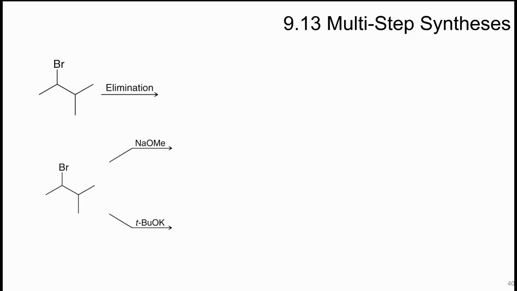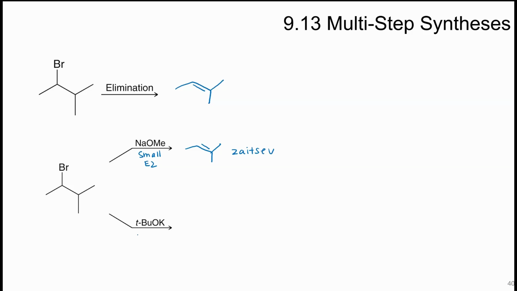We can first do an elimination to get this, and then we can think about what reagents we can use in order to do that. If I start with the bromine at the secondary, I use sodium methoxide. This is a small base. I will get an E2 elimination, or the Zaitsev product.